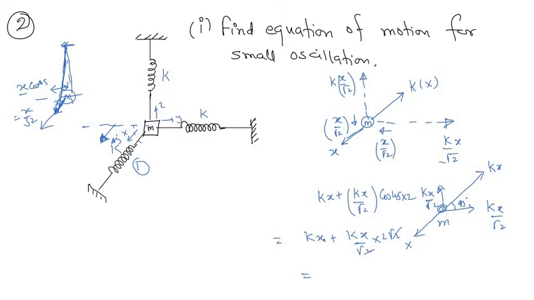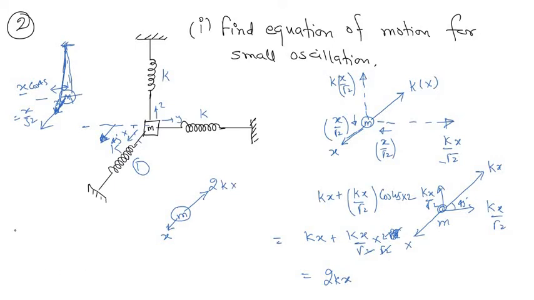So sorry, this is under root 2 by under root 2, so this will cancel, so this is 2kx. Now the problem is like this: the mass is m, if I displace it in this direction by x, then the resultant force of all three springs will be 2kx, and this is in the opposite direction.